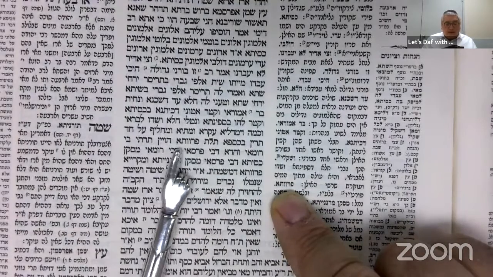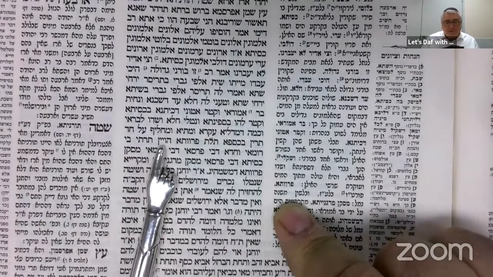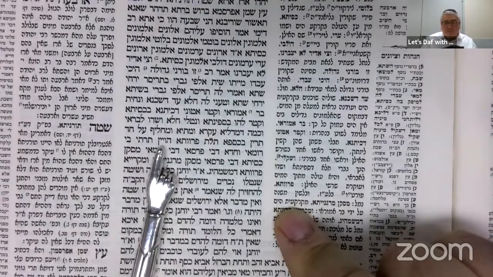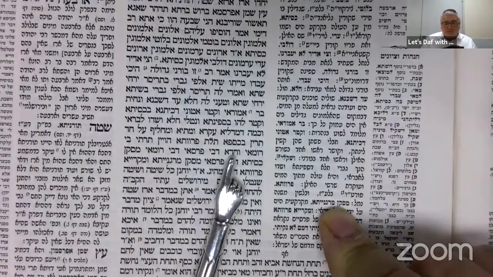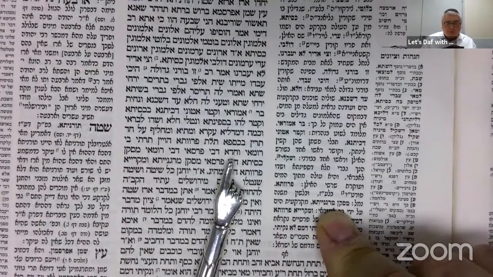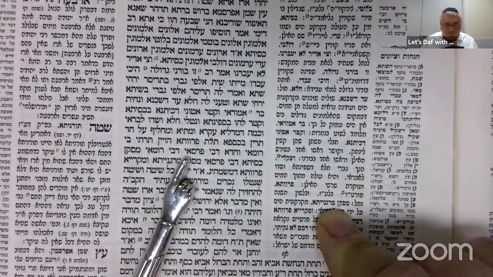There are 3 ports. There are 3 major ports, I guess, in the area of Babel. 2 of these ports were under the control of the Romans, and one of these ports was held by the Persians.